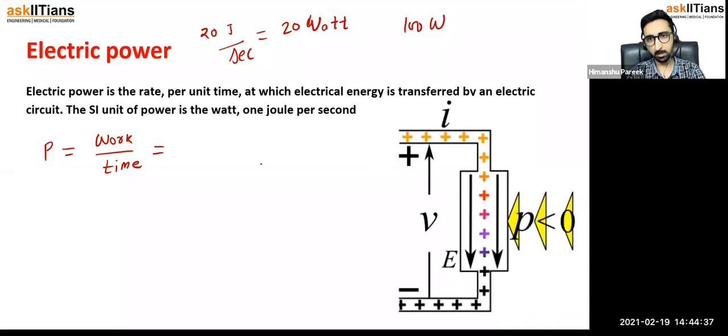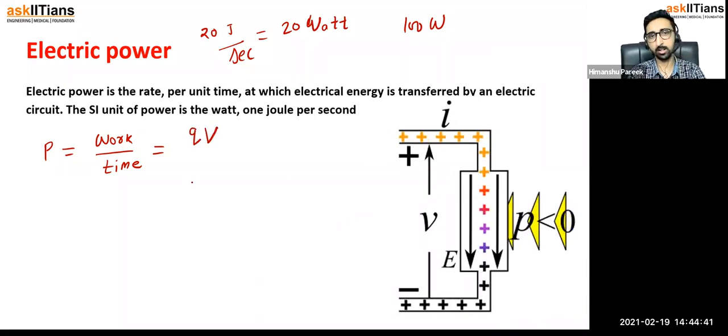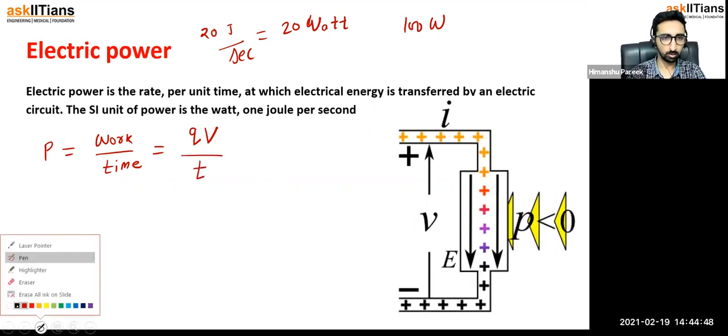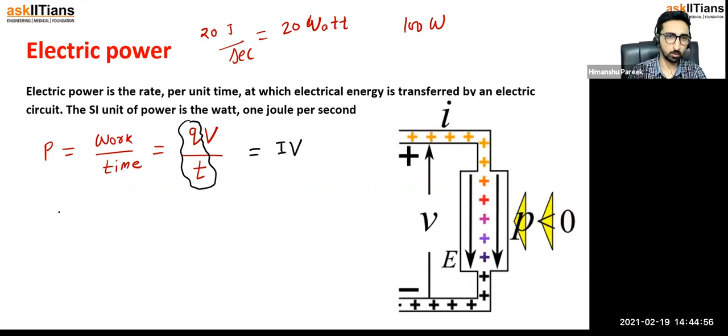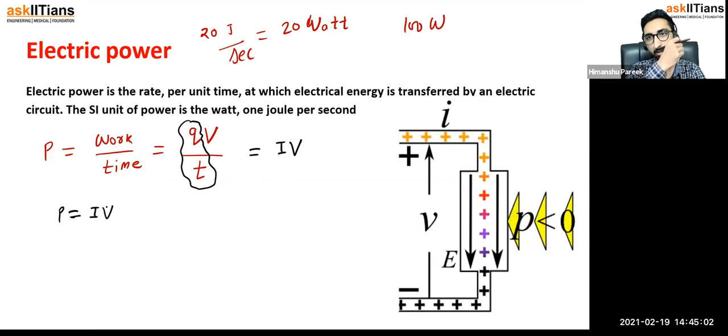So how much energy is the battery supplying? Q multiplied by its voltage, so QV divided by time. Now we know that Q upon T, charge per unit time, is nothing but what? It's called current. So I into V. So power is nothing but I into V. That's it. Power is nothing but I multiplied by V. That's the final formula for the power.